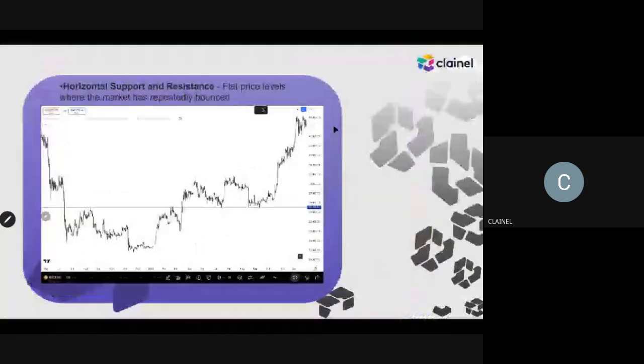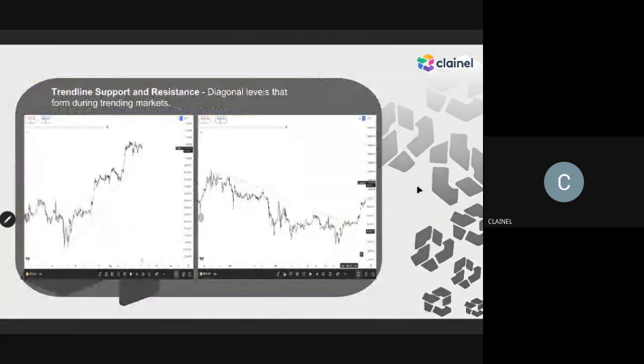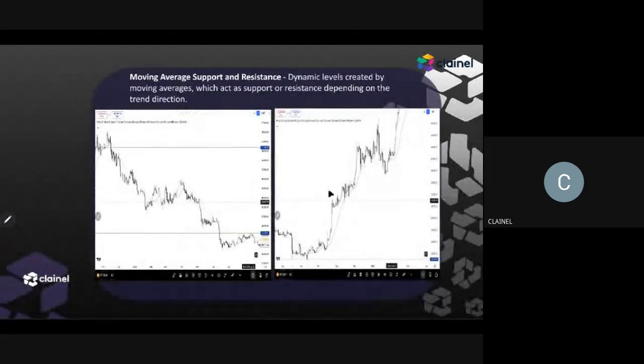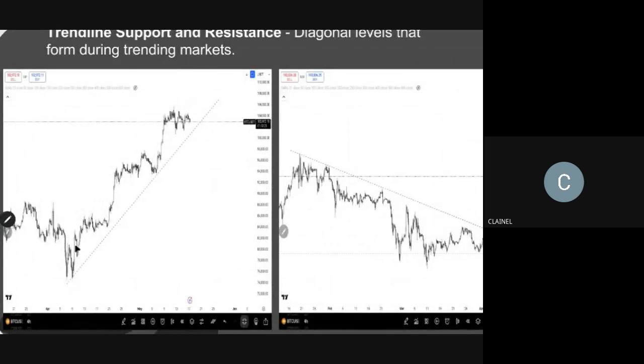So okay, back to our trend line. We have our trend line support and resistance, which is a diagonal level that forms during trending markets. We have the uptrend here, a minor uptrend, and we have a downtrend here, all spotted in our BTC charts.